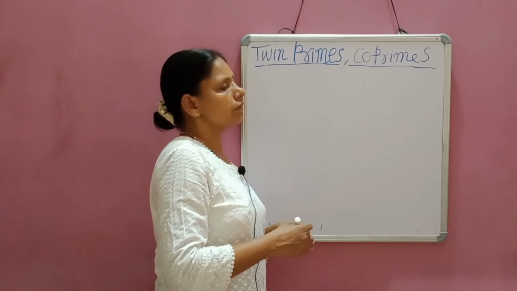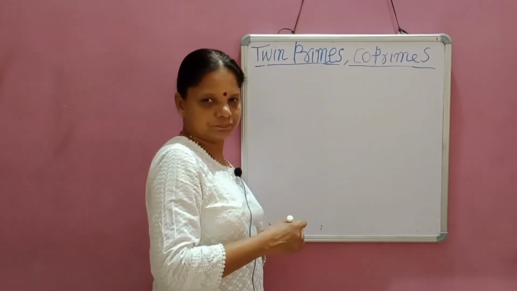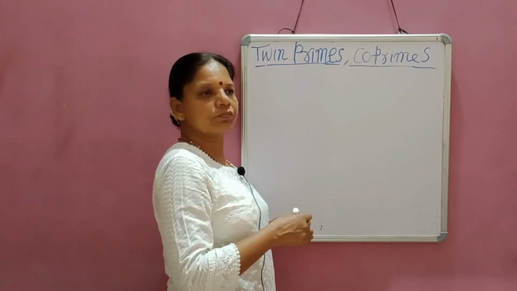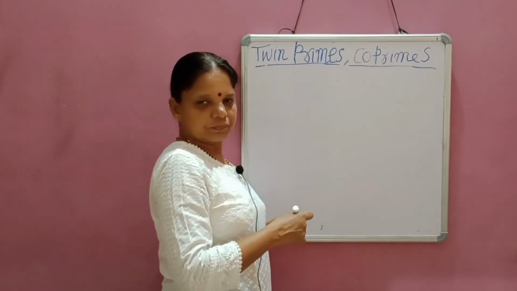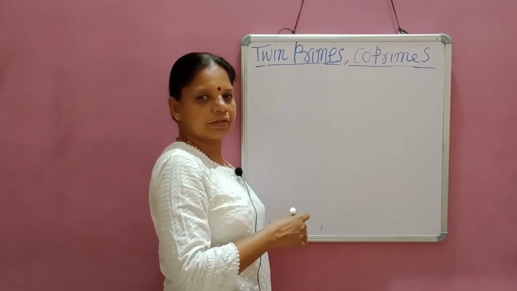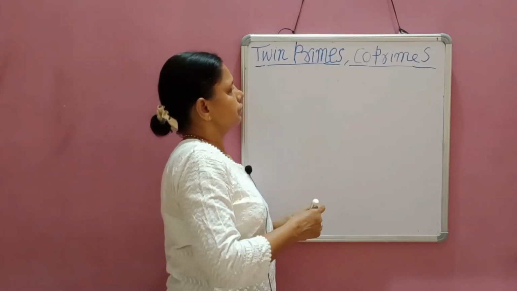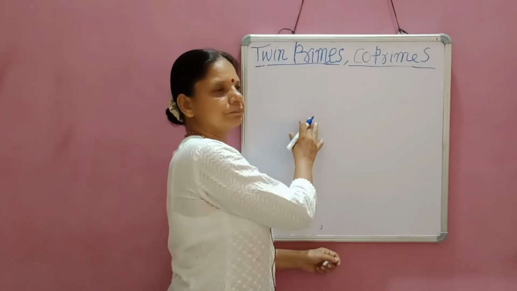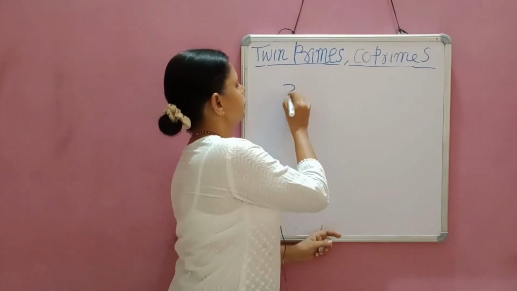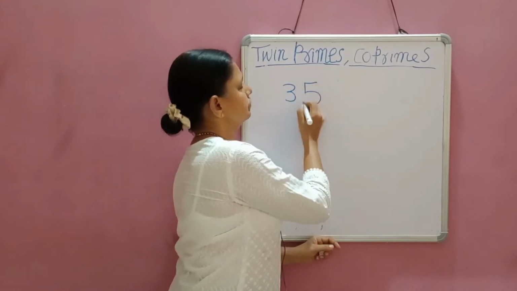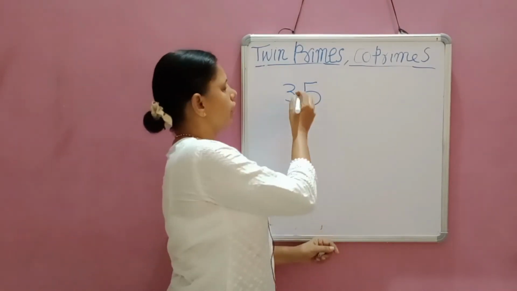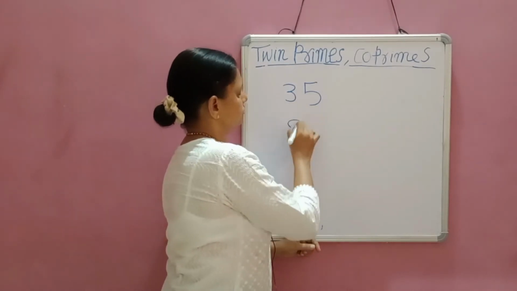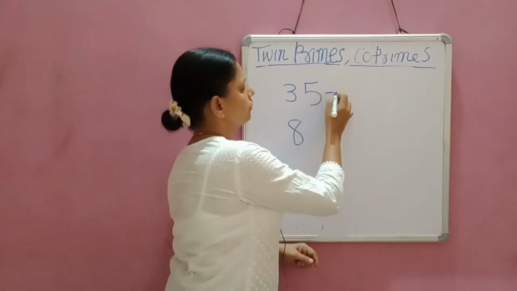So what is meant by coprime? You have studied the factors of a number. When you consider the numbers 35 and 8, how to get the factors?